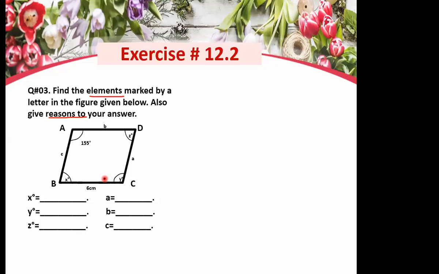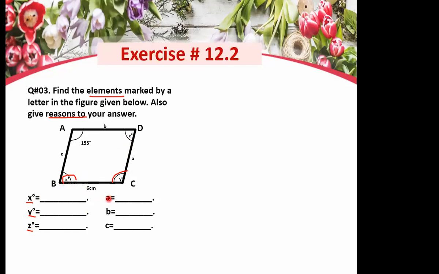Now, look here. What are the different elements given to you? You have to find x, y, and z. These are small x, y, and z. This is x, this is y, and this is z. It means you have to find the measurement of angle x, angle y, and angle z.